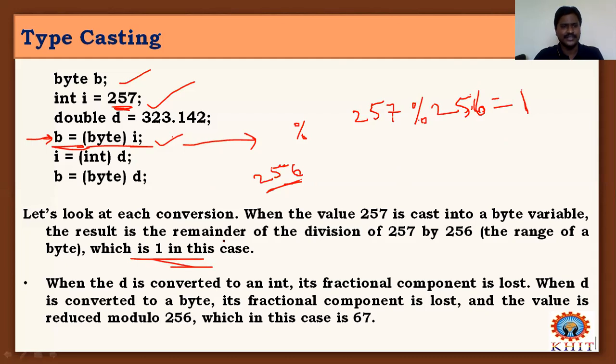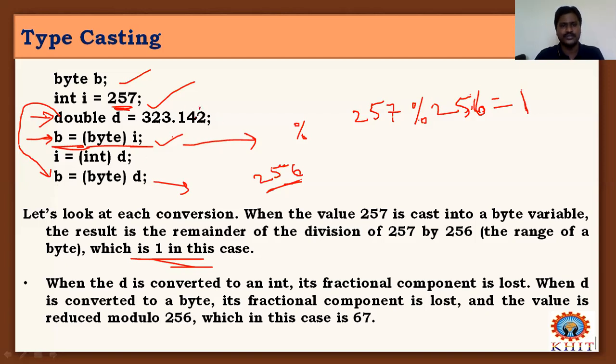The same way here, a double variable I am assigning to a byte. Here also typecasting is performed, but byte is an integral data type which doesn't know how to hold the fractional part of a value.